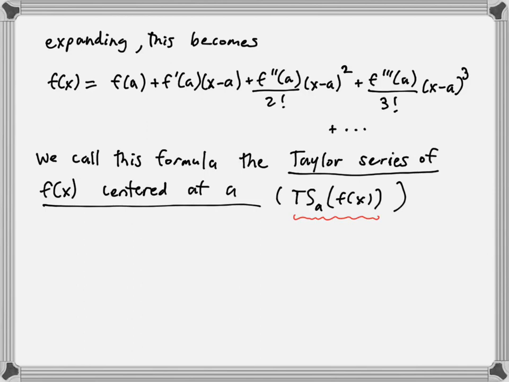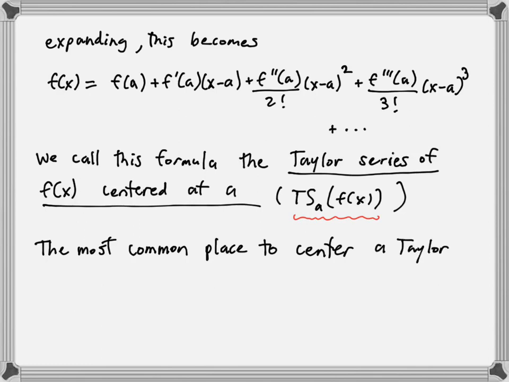So in general, you can choose any center that you want as long as the function is defined there. We can center it anywhere, and so the most common place to center a Taylor series is 0.